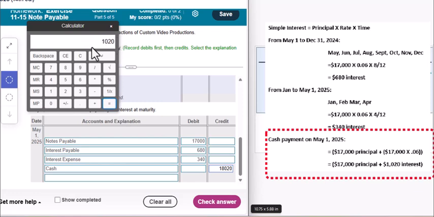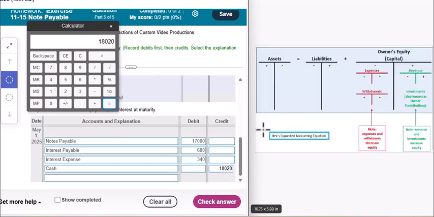And that's just, again, the total interest that we're going to be paying. And then we would add on the 17,000, which is that principal amount that we owe for the equipment. So we can go ahead and add that, and we get the 18,020 that we can go ahead and credit to cash. Since we are lowering cash here as an asset, we credit here on the right.